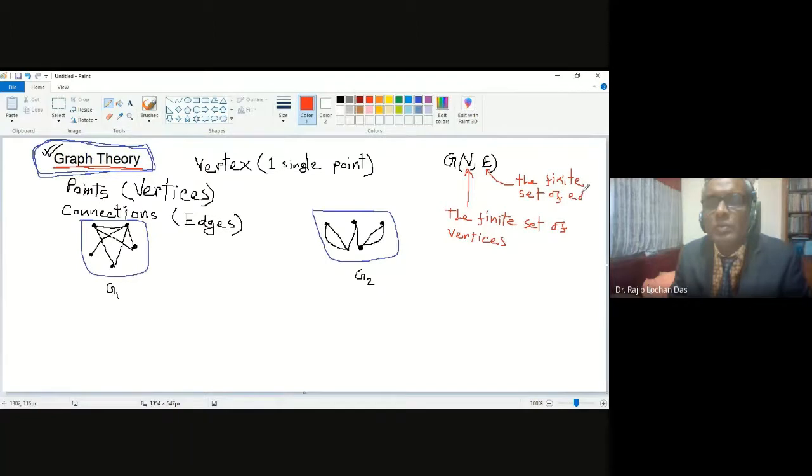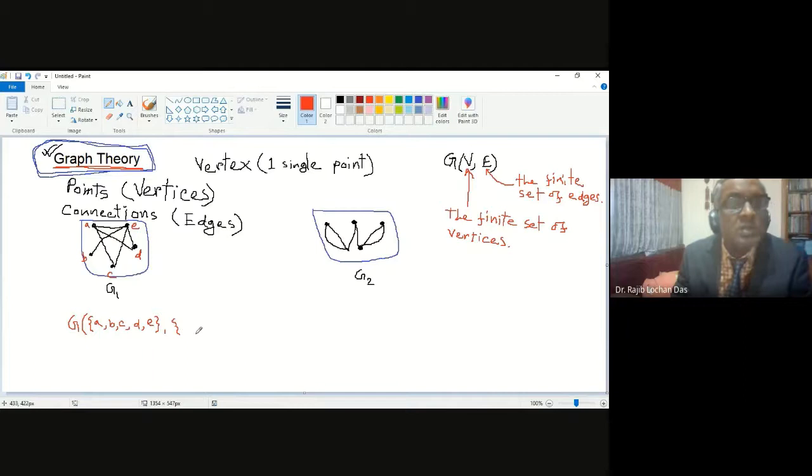If you want to present the graph G1, we have to write the vertices' names. Say the vertices are A, B, C, D, E. I'm talking about the first graph, G1. So there are 5 vertices. You write the graph, then a bracket, the set, A, B, C, D, E, then close the bracket, then a comma, then another bracket, and that is the set of edges.